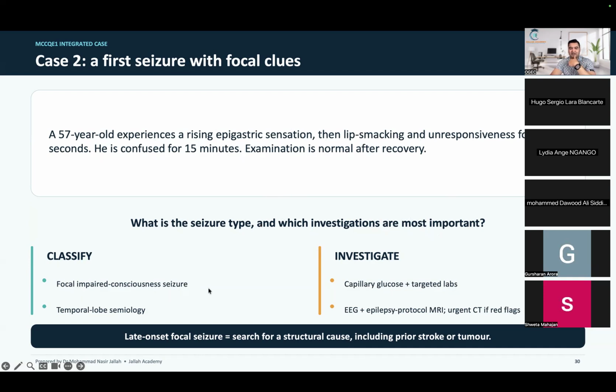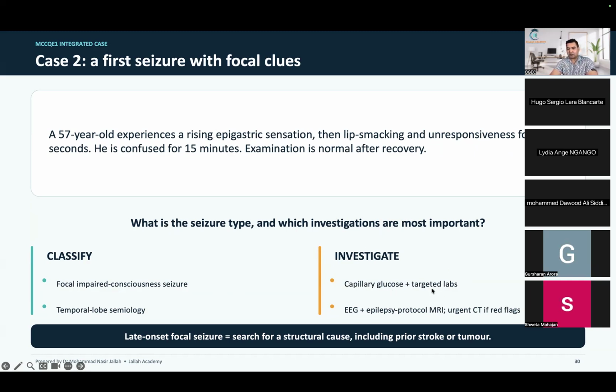Classify: focal impaired consciousness seizure, temporal lobe. Temporal lobe features: fear, deja vu, rising epigastric sensation, and automatism. Here they didn't mention the fear or the deja vu, but they mentioned the epigastric sensation and lip smacking, which is the automatism. What investigations do I do?